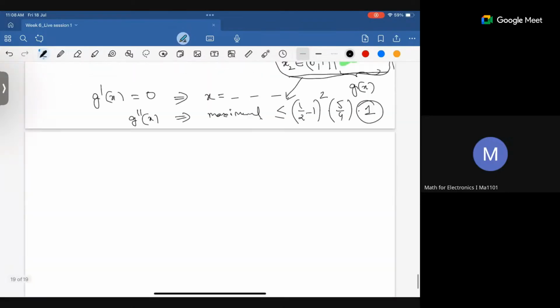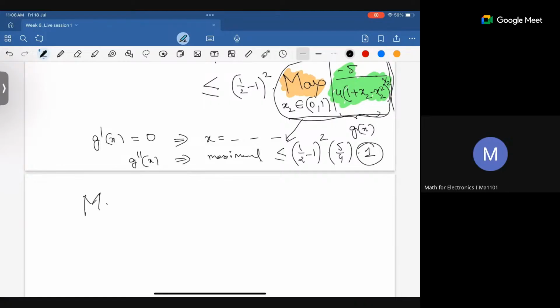Right? So therefore, the maximum possible error is half minus half whole square, which is 1 by 4, into 5 by 4 into 1. This will be 5 by 16.